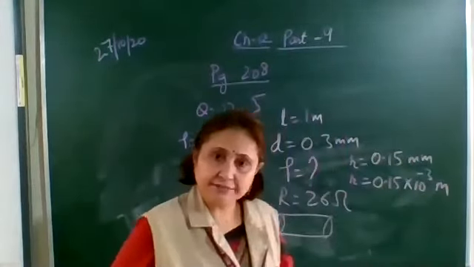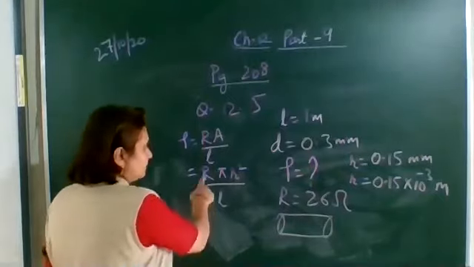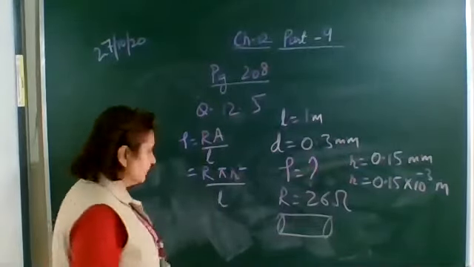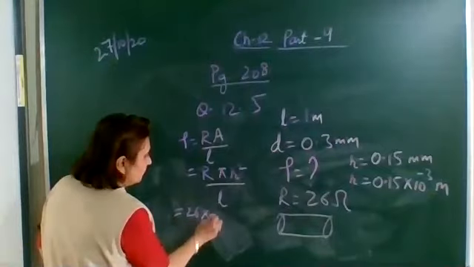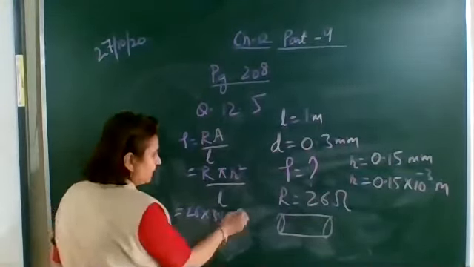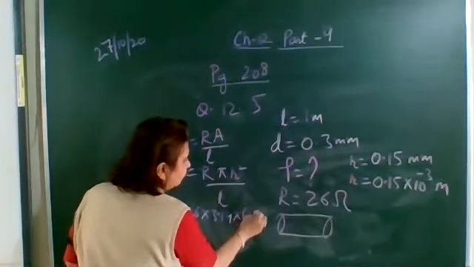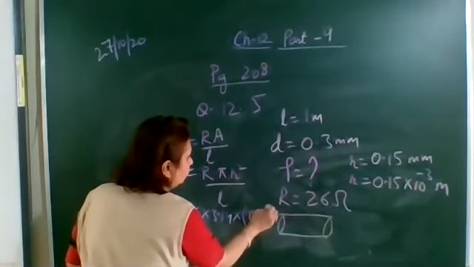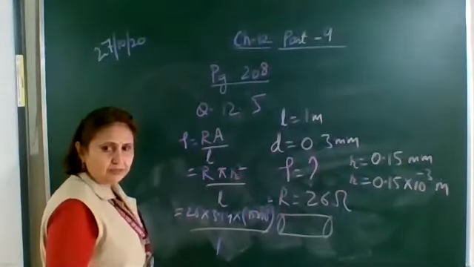Millimeter into meter is divided by 1000, that is 10 raised to the power minus 3 meter. Substitute all the values over here. Resistance is 26 ohm. Pi, you can take it as 22 by 7 or 3.14. Radius square, 0.15 into 10 raised to the power minus 3, square of it, upon length is 1 meter.